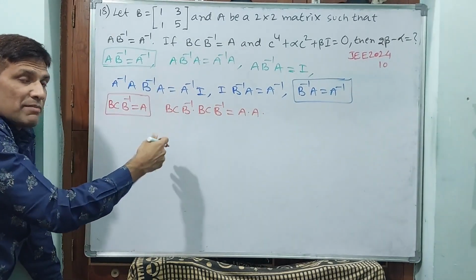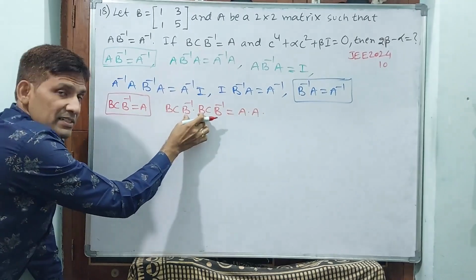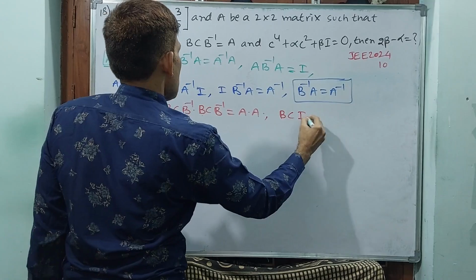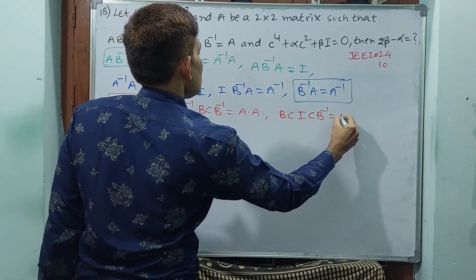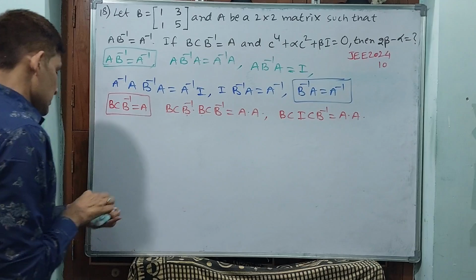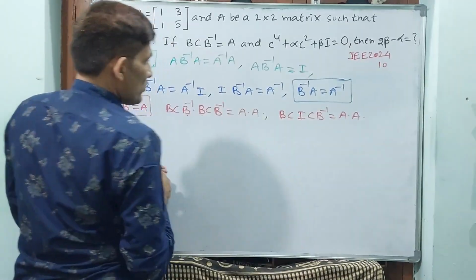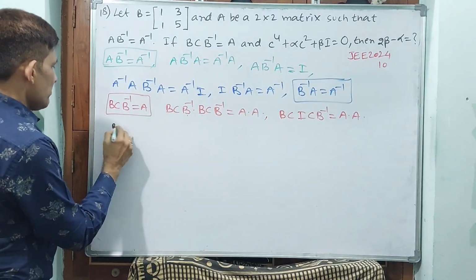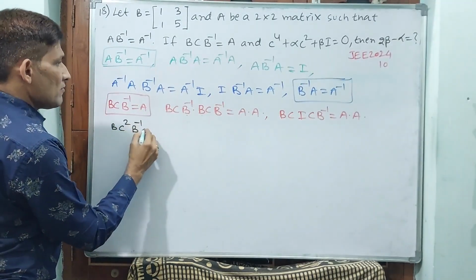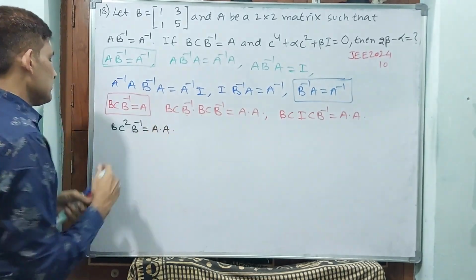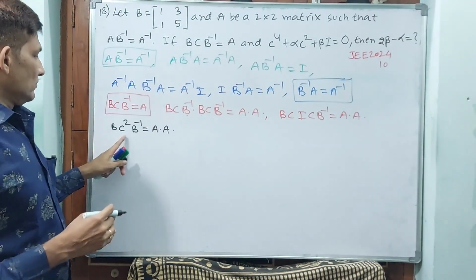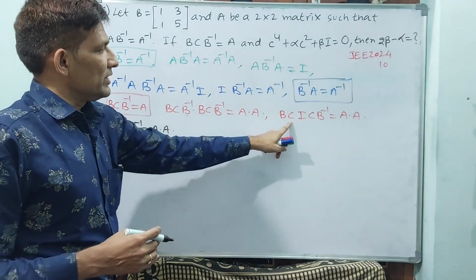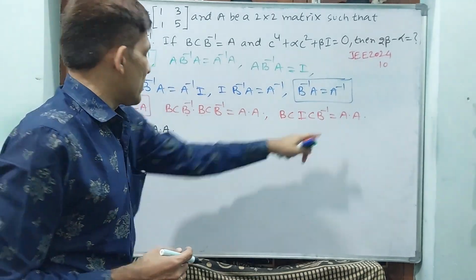Square means you will multiply both, B inverse B will come adjacent, and this is going to become I. B C I C B inverse is equal to A into A. If you multiply with I, the same is going to come inside. So B C square B inverse is equal to A into A, because I can be removed. I into something is something only. That means C into C, C square.